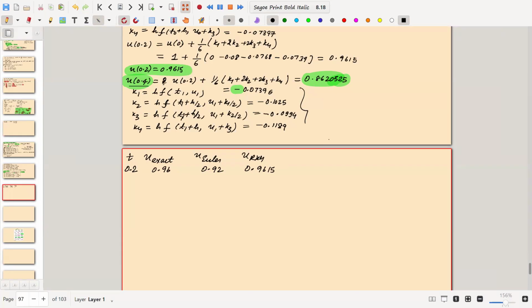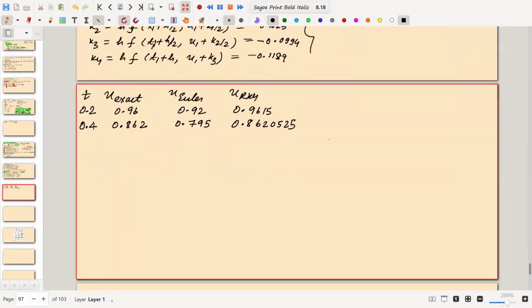u RK4 is 0.9615. Then the next value, at t equal to 0.4, u exact is 0.862. Then u Euler is 0.795. U RK4 is 0.8620. Can you see what is happening here? This is the data we have for RK4.